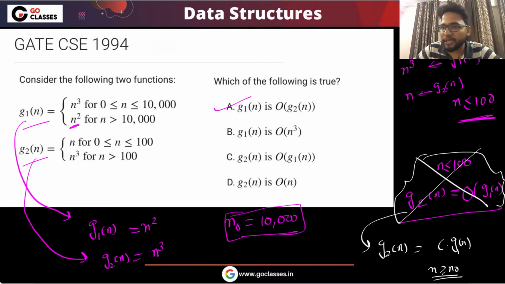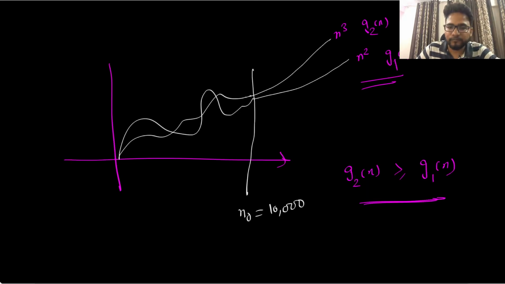It is okay that g1n is n cube and g2n is something; this is perfectly fine. But you cannot compare asymptotically just for the smaller values. To compare asymptotically, you have to have some turning point, right? If you are saying that n less than or equal to 100 only, then this does not make any sense. So actually, A is the correct answer.